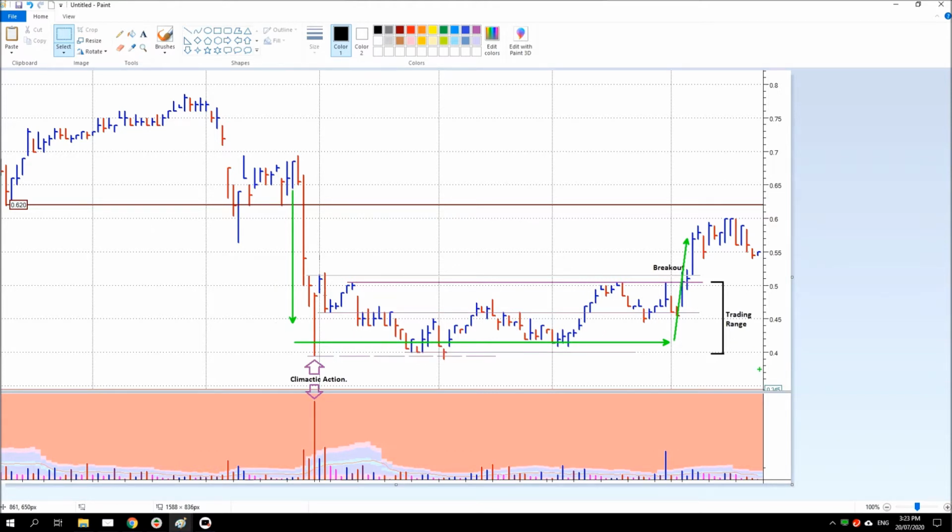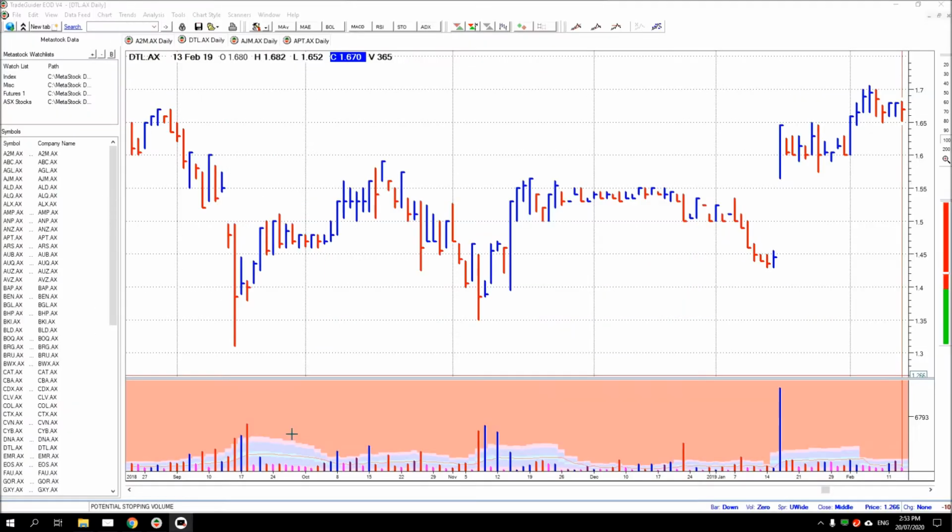In the real world you'll see different things happen, and I'll show you some examples of that shortly, but that's the most orthodox and normal shape of an accumulation. Down, climactic action of some sort, sideways to finish the accumulation and mop up supply, and then a breakout of the zone.